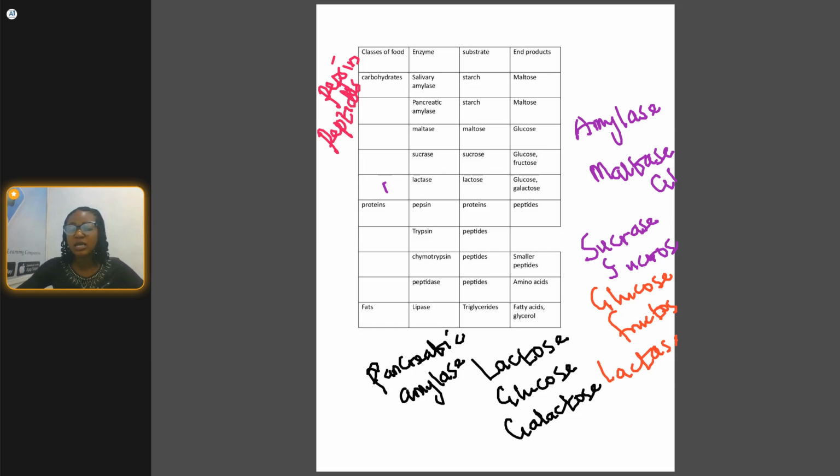Before it can become peptides, the enzyme pepsin must have acted on the proteinous food, before the end product can come as peptides.